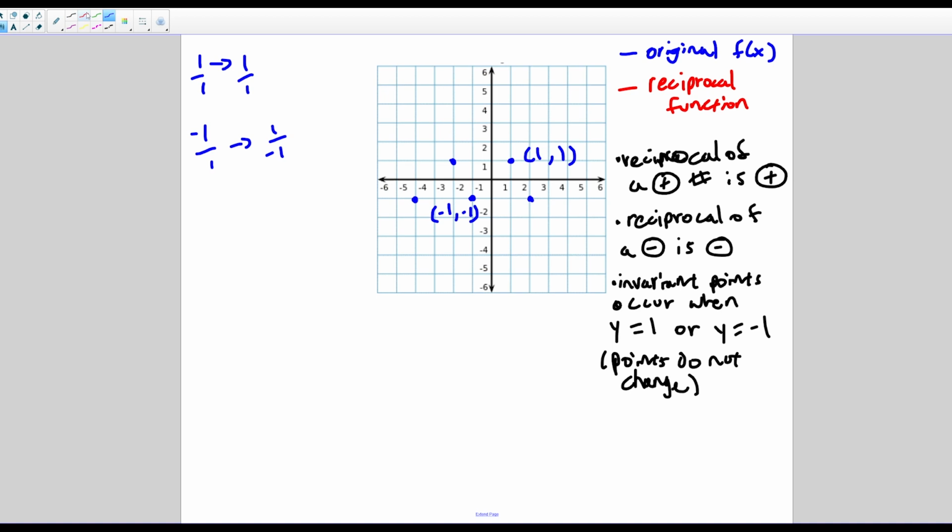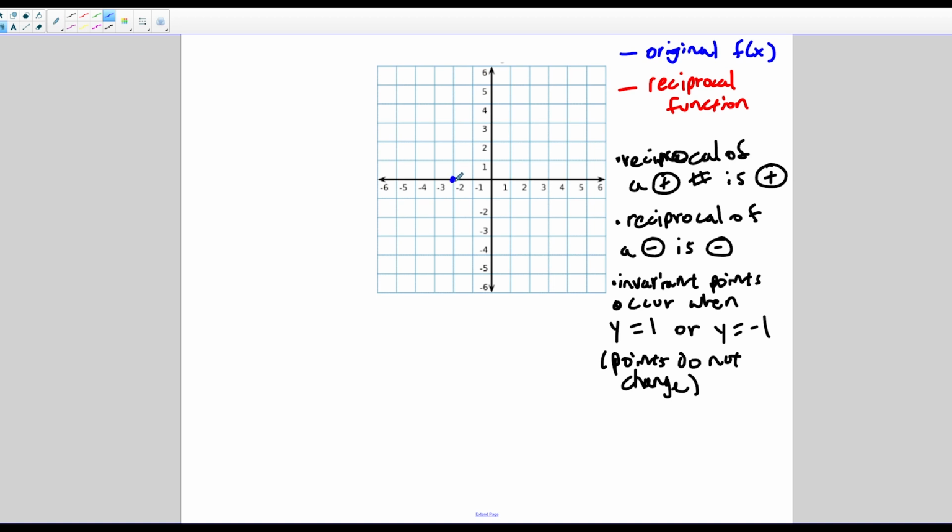Okay, so we've come up with one of those special points that we want to talk about. Now, the last thing that we want to bring up before we actually start to graph some functions is what happens if our y value is 0. So let's clear this off a little bit. What happens if we try to take the reciprocal of the value 0?